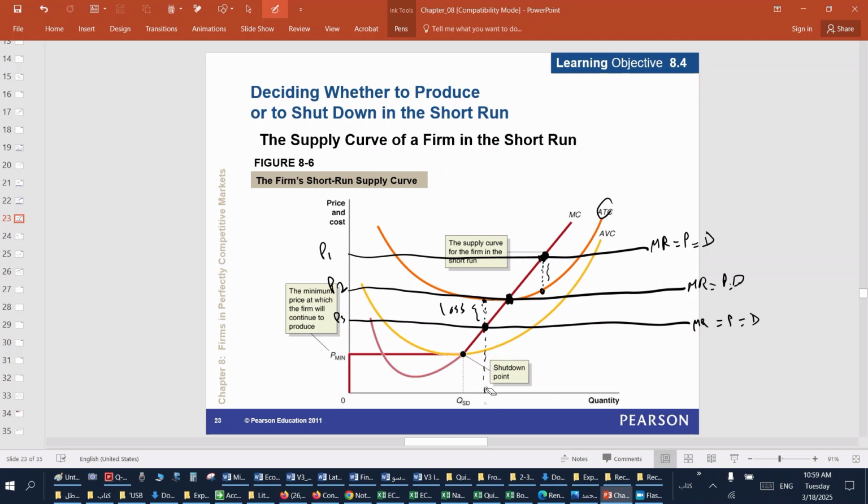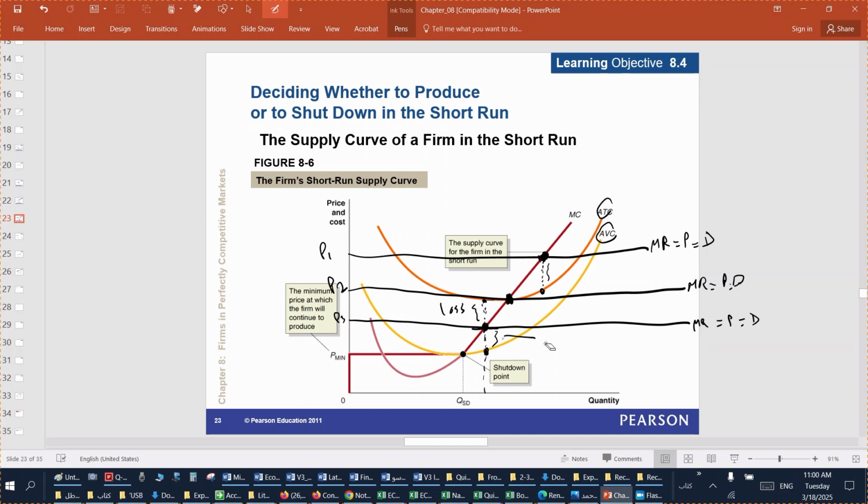So here, the company doesn't need to shut down the business or stop producing. The idea here is that the price is still greater than the average variable cost, which is this one. So the company can still be in the business and continue producing.